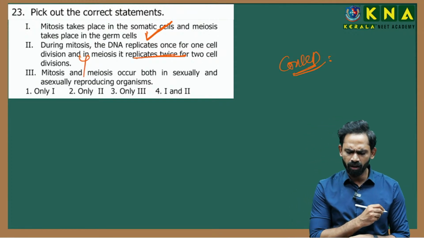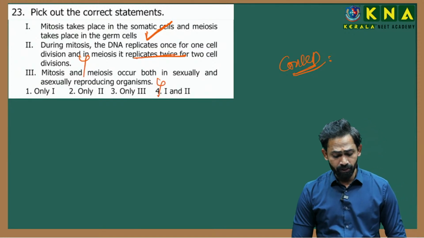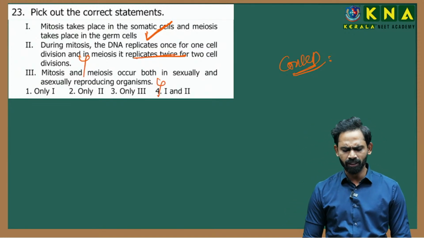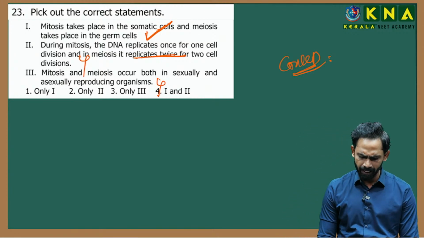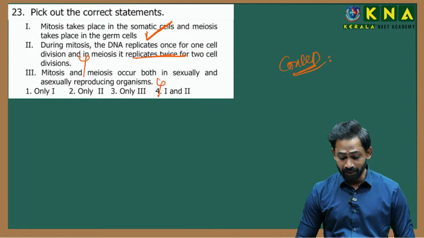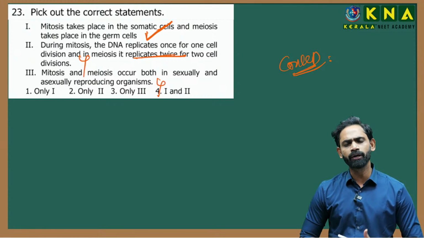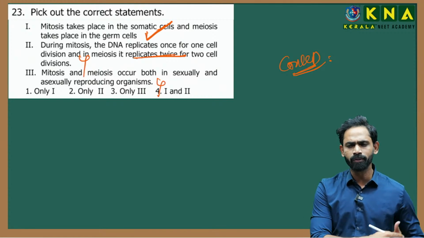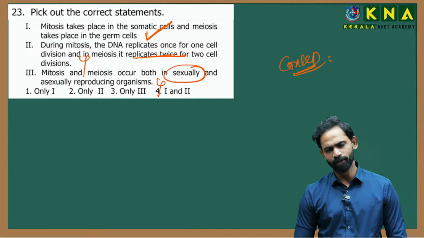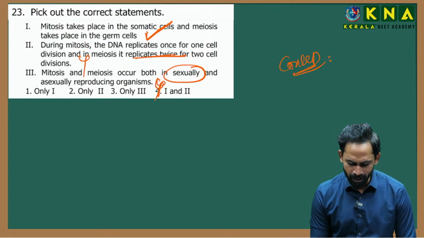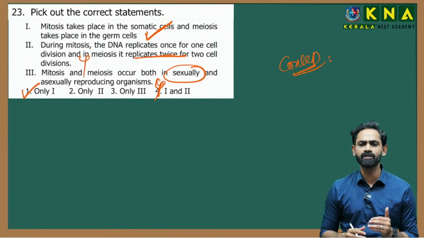Mitosis and meiosis occur in both sexually and asexually reproducing organisms? Mitosis occurs in both, probably correct. Meiosis occurring in both? No. Meiosis reduces the chromosome number from 2n to n, so it is possible only in sexually reproducing organisms. That is why this statement went wrong. So I am going for option 1. Conceptual and based on knowledge.